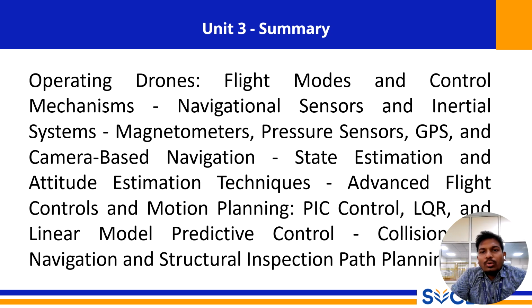While the IMU provides the core of self-awareness, it needs external references to navigate the world. This is where the broader suite of navigational sensors comes in. A magnetometer acts as a digital compass, detecting the Earth's magnetic field to provide the drone with a sense of heading or direction.